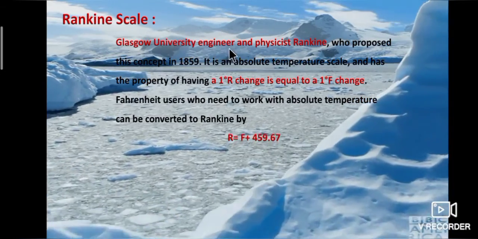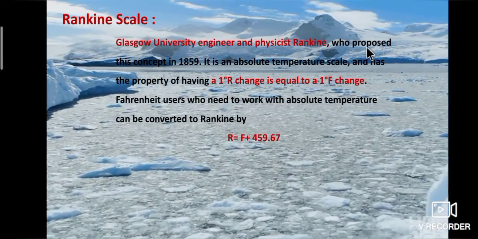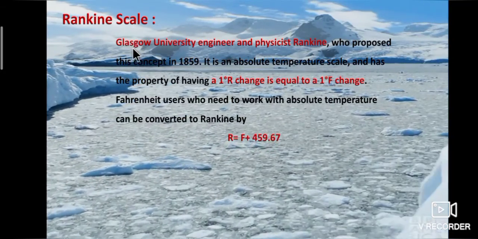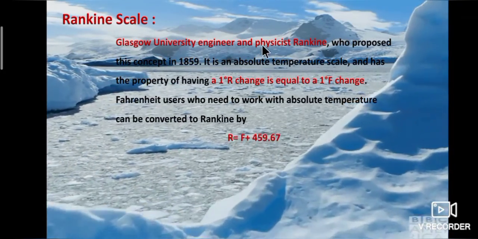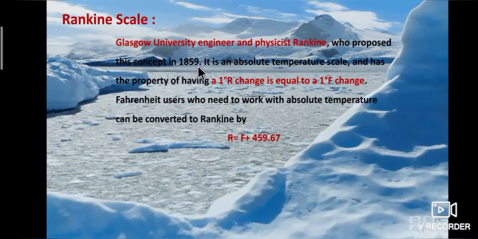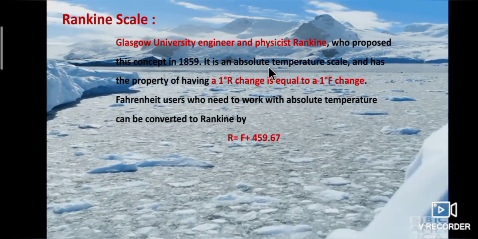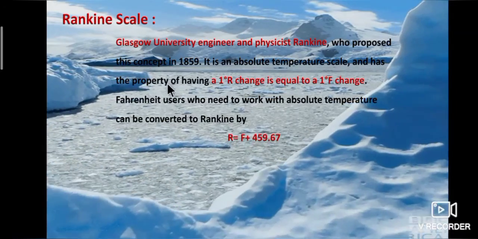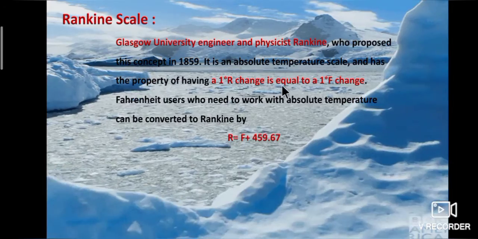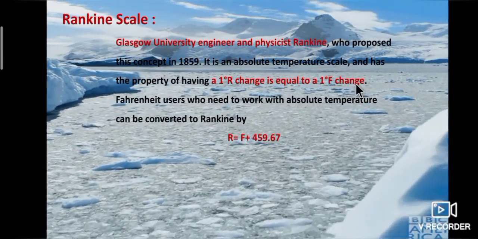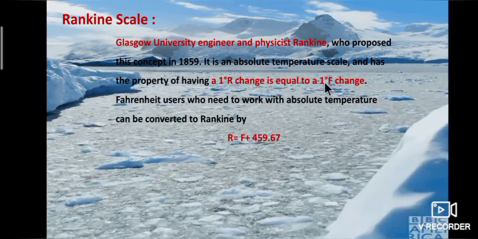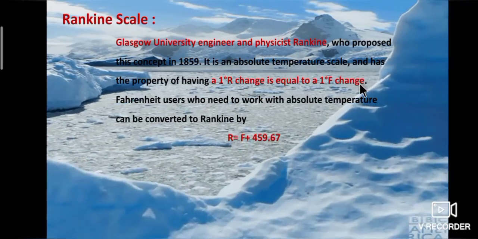The Glasgow University engineer and physicist Rankine proposed this concept in 1859. It is an absolute temperature scale and has the property that a 1 degree Rankine change is equal to a 1 degree Fahrenheit change.